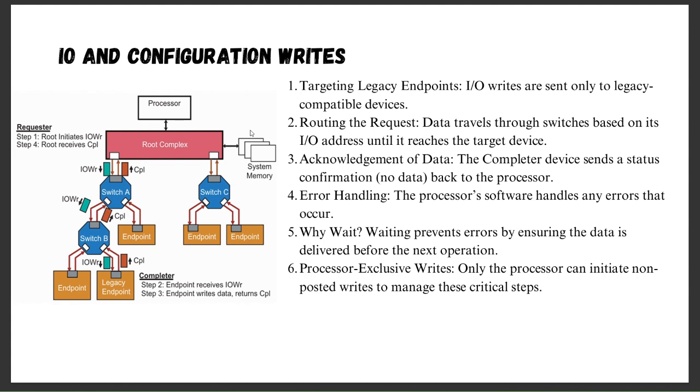So why wait? Waiting ensures that the next operation that depends on the success does not happen too soon, avoiding errors. Only the processor can initiate a non-posted write because it is closely involved in coordinating the critical steps.